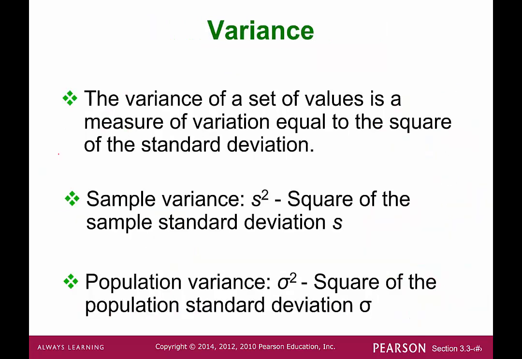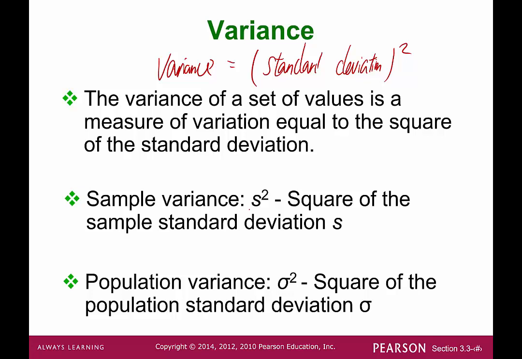Okay, so the variance of a set of values measures the variation and is equal to the square of the standard deviation. So variance is equal to standard deviation squared. Basically, if you know the standard deviation, you know the variance, just square it. Or if you know the variance, you know the standard deviation.